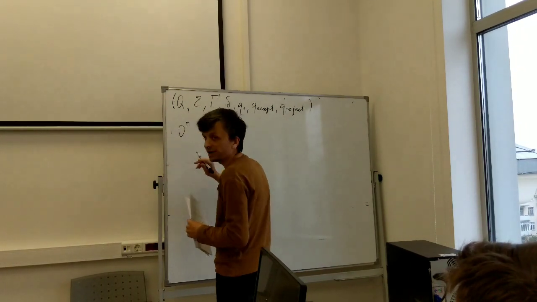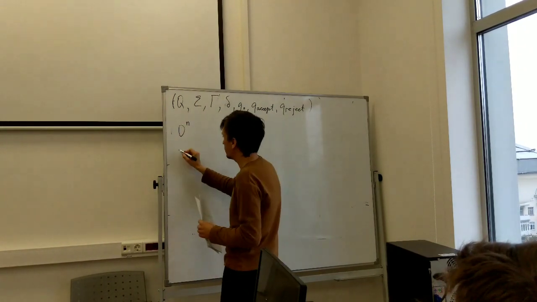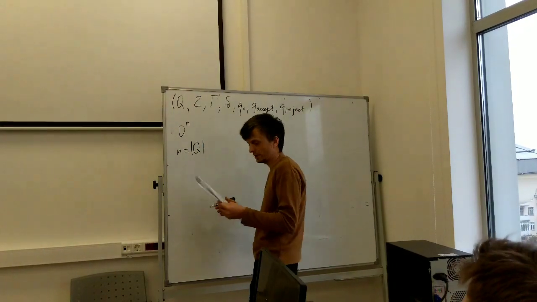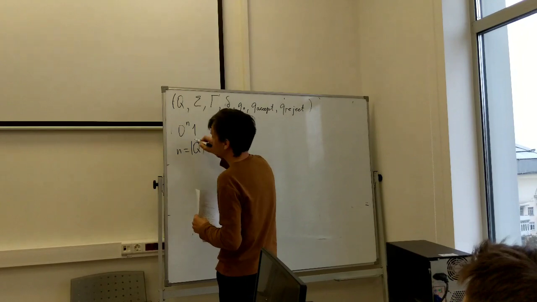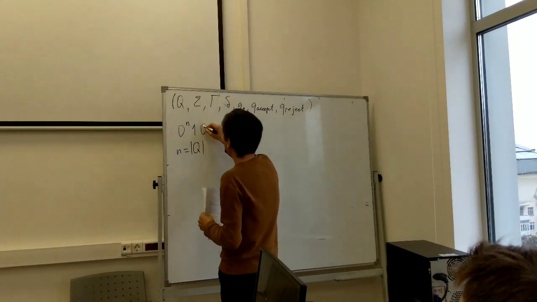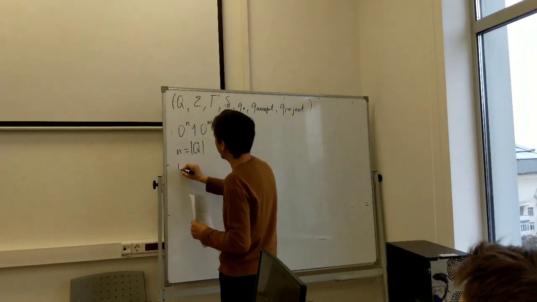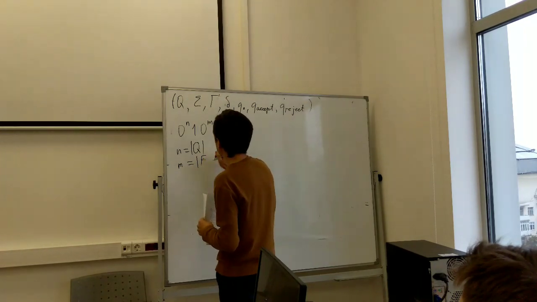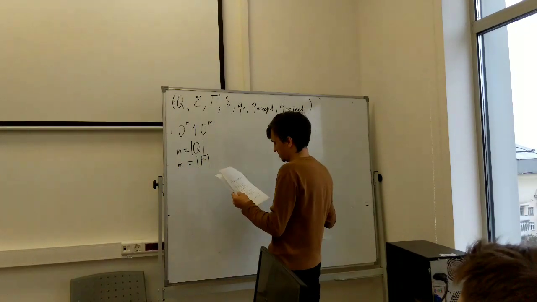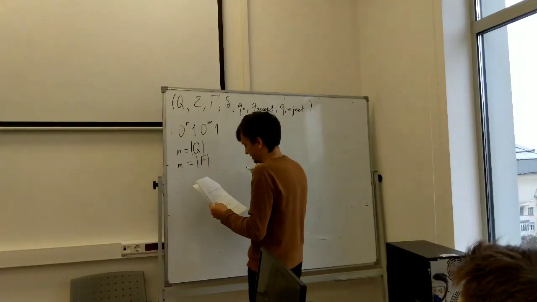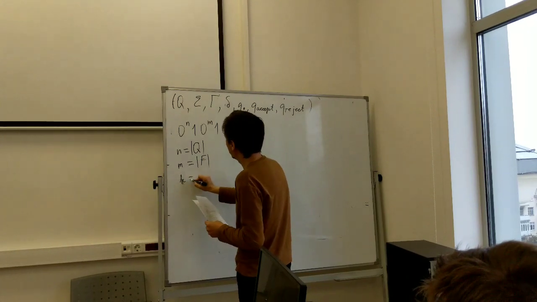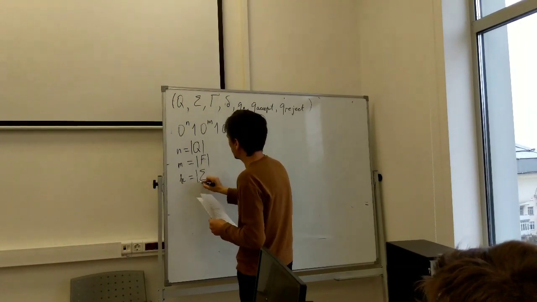First, in binary, first n zeros, where n is the size of Q, the number of states. Then you put 1. Then you have m zeros, where m is the size of gamma. Then you have 1. Then you have k zeros, where k is the size of sigma.